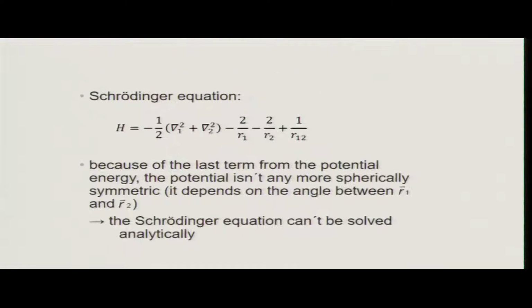If you write the complete Schrodinger equation in this form, it depends on 3 coordinates: R1, R2 and R12. Because of the last term, which is coupled between R1 and R2 and comes from the potential energy, the potential is not spherically symmetric, and it depends on the angle between R1 and R2.